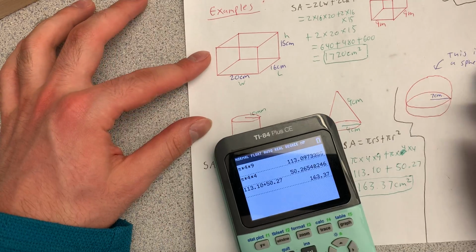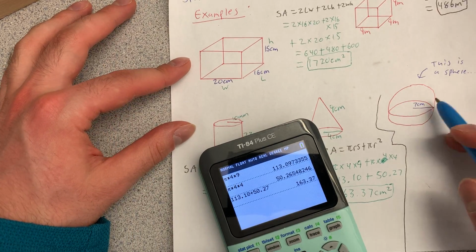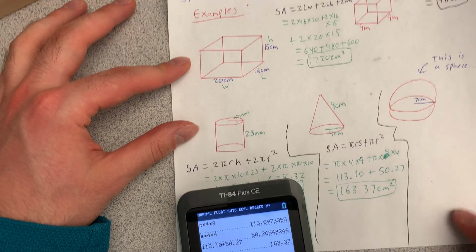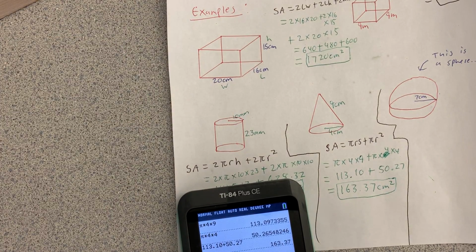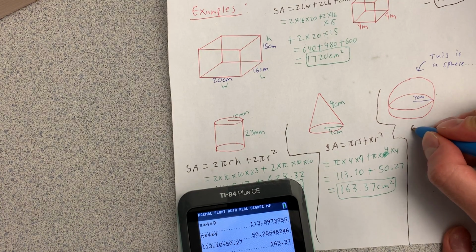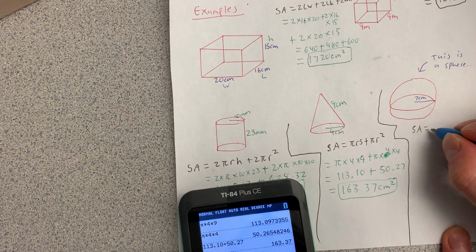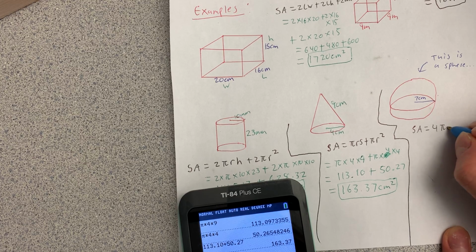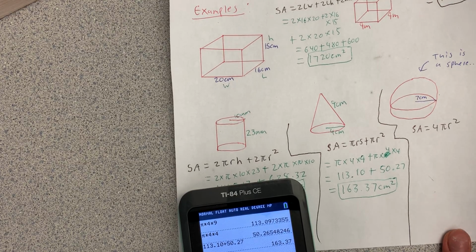We have a sphere, a beautifully drawn sphere at that. And like I said before, the sphere formula is actually really easy. So it is surface area equals 4 times pi times the radius squared. I only have one number there, but that's okay because I only have one number to plug in.